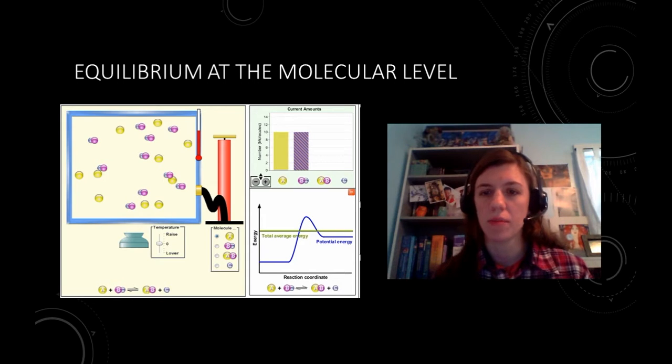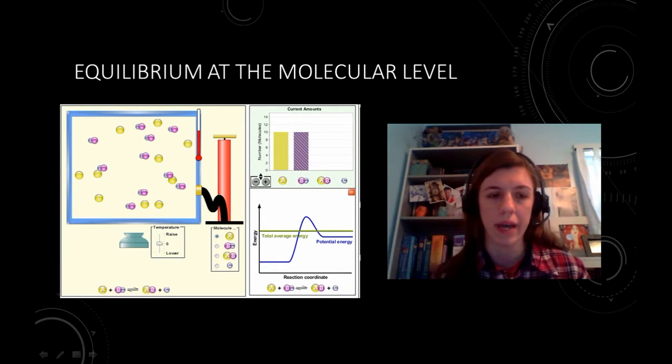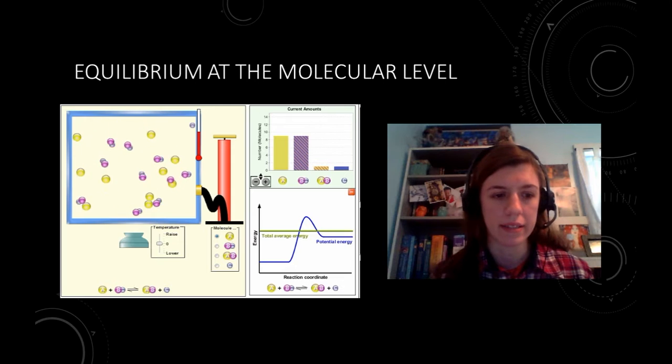So now let's look at a chemical reaction that's in equilibrium. This is an animation of a chemical reaction that has 2 reactants and 2 products, listed as A and BC and AB and C. As before, when we start the reaction, the only thing present in my reaction vessel are the reactants.